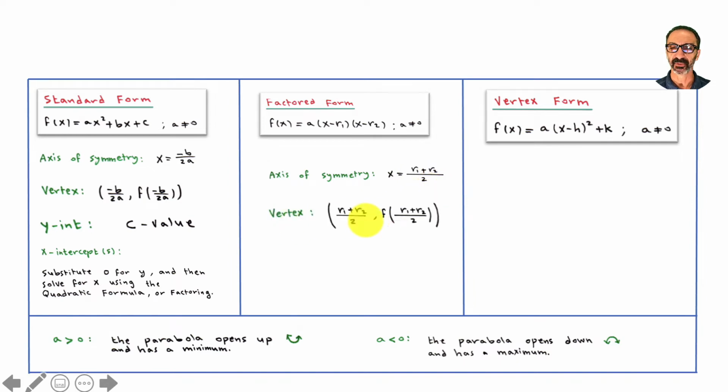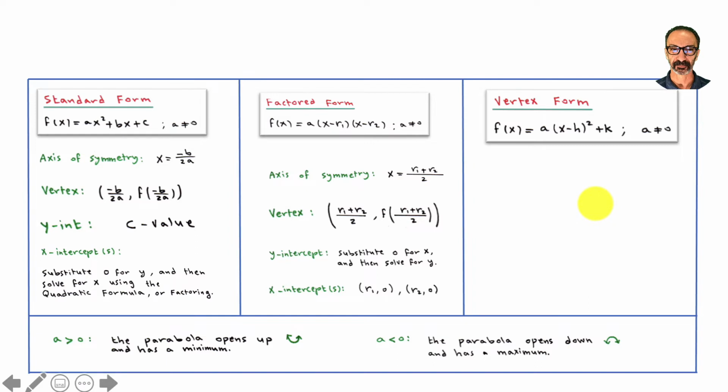The vertex will be, of course, the x value of the axis of symmetry, which is the value right there, and the output, whatever comes out using the equation. The y-intercept, to find it, you need to set x equals 0, plug it in, and just do the math and multiply the 3 numbers. For the x-intercepts, those are straightforward from R1 and from R2.